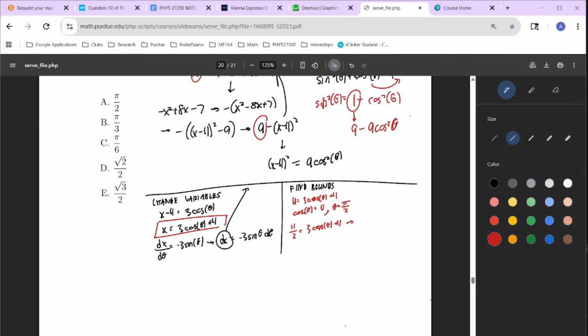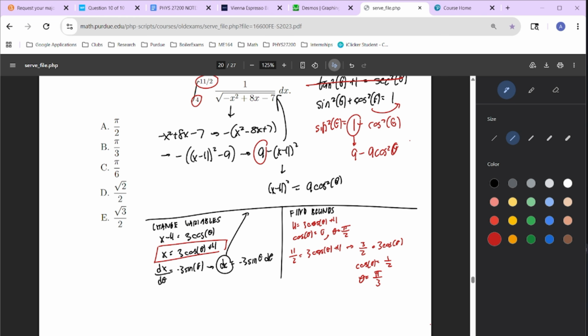This turns into 3 halves is equal to 3 cosine of theta. That means that cosine of theta must be equal to 1 half, which means that the theta upper bound must be equal to, what is that? Pi over 3? Right. Perfect. So that means we found both of our theta bounds here. Our theta lower is equal to pi over 2. Our theta upper is equal to pi over 3.